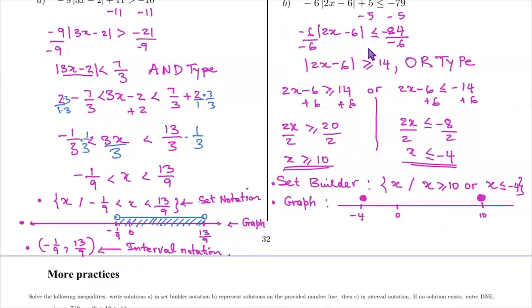And then we see that the solution, when x is greater than 10, that means the solution lives on the right side of 10. It goes all the way to positive infinity. So this one will be from 10 with a bracket to infinity.